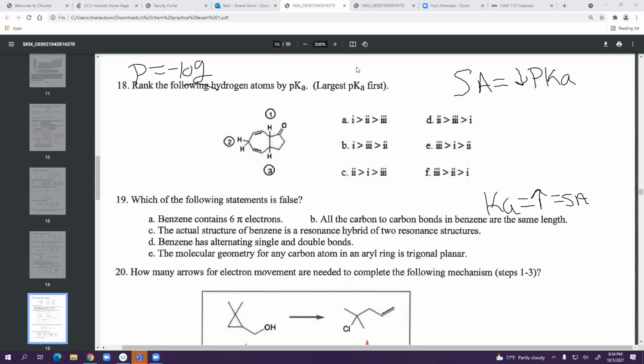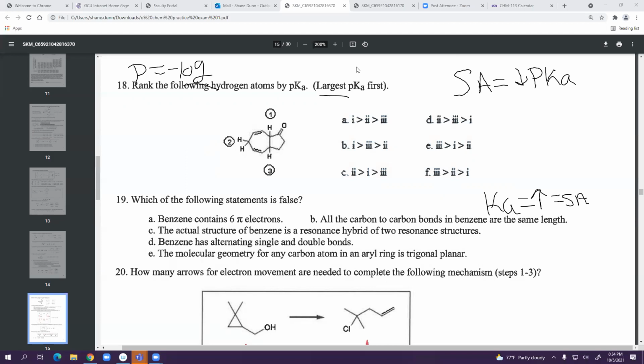So pKa is the exact opposite of Ka, right? So strong acids have weak pKas. That makes sense? And I'm putting the largest pKa first. What's that mean? I'm putting the most basic hydrogen first. If you have questions, and the people on Zoom too, just shout them out or type them in. Okay.